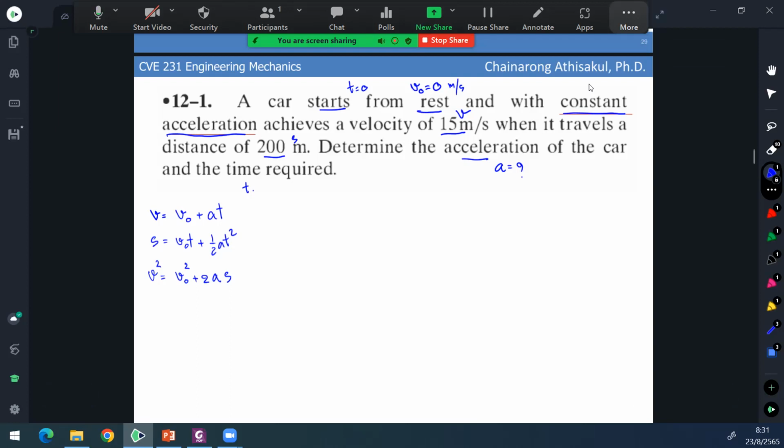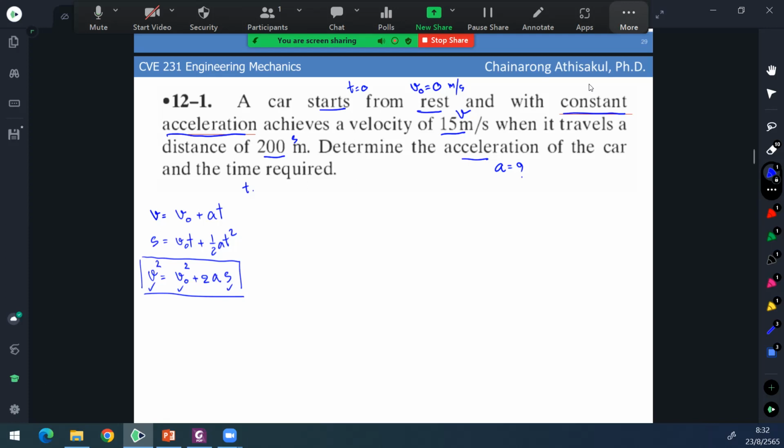How should we start? If we would like to determine the acceleration first, we know v, we know v0, and we know s, so it is better to use this last equation.